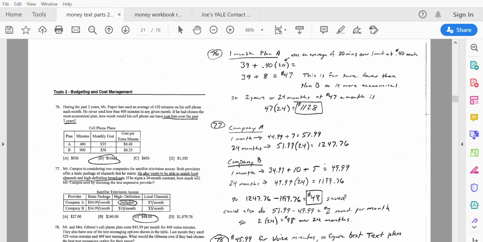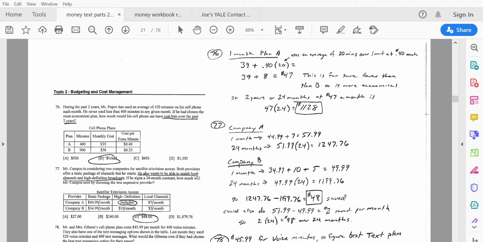The other way you could have done this is look at the monthly cost and see that if we take $51.99 minus $49.99, there's a $2 difference per month, and then take that times 24 months, also gets you $48. Okay, so there's number 77.